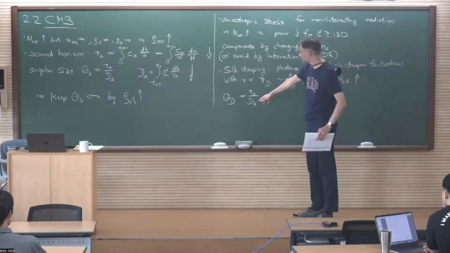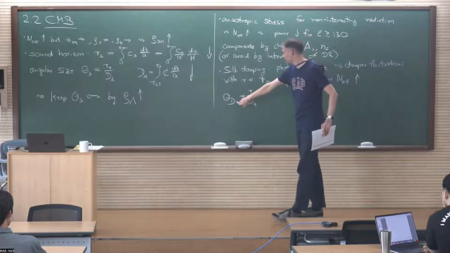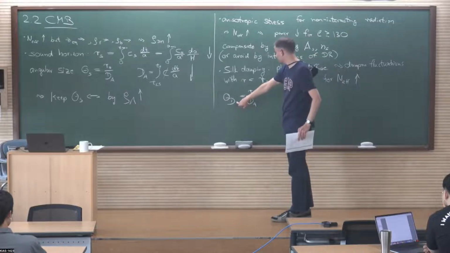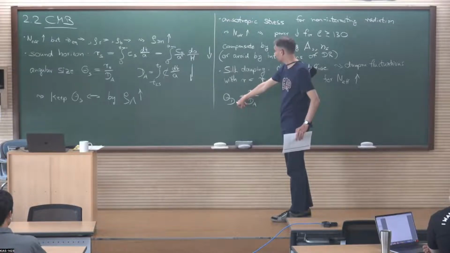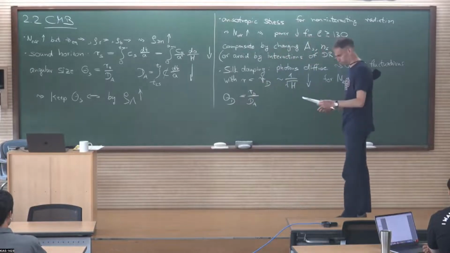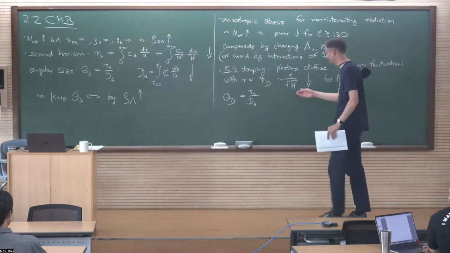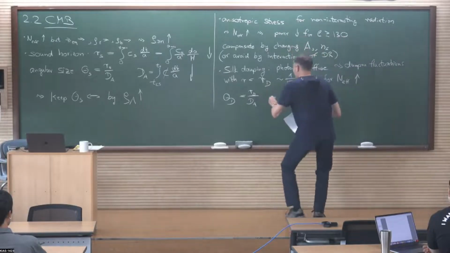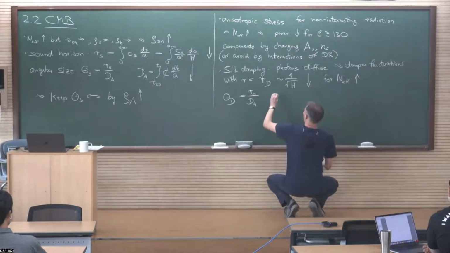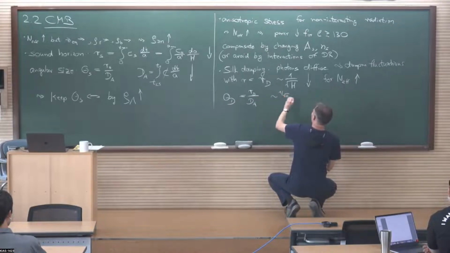And so as a result, this theta d here has to go down. So, no, again. Sorry. Well, maybe I should just say this is just work it out. So this is something like 1 over root h. This is of course now a very crude estimate here, divided by 1 over h.